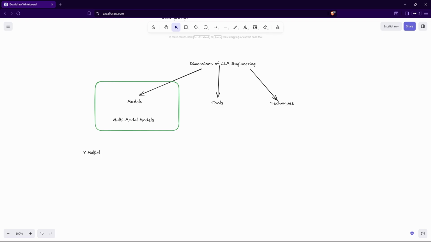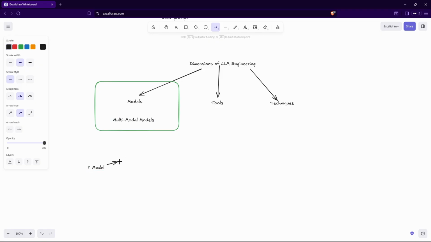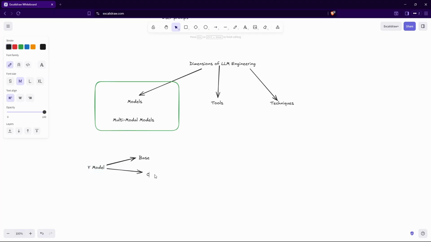They come in what we call the base flavor, what we call chat, and what we call reasoning, or sometimes called thinking.